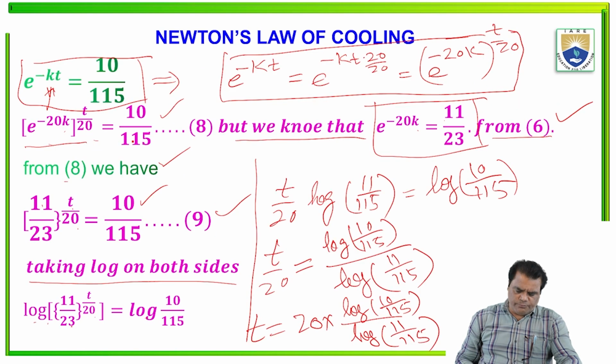Okay. Here 11 upon 23, right? This is wrong. 11 upon 23. So this is 11 upon 23.